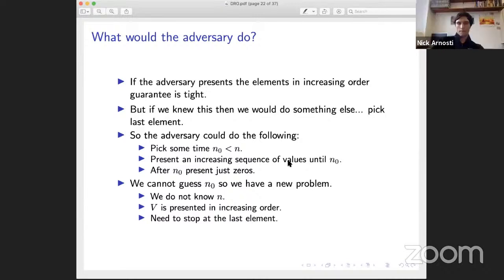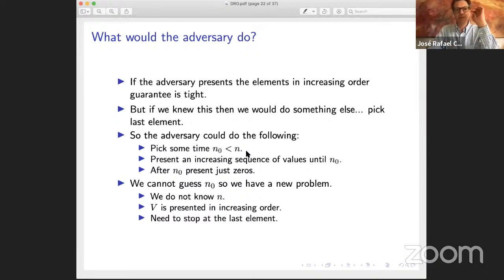So that's the game we want to play to prove that this algorithm is optimal. All this boils down to a new secretary-type problem in which the player does not know n. This is the way to prove that this is optimal.